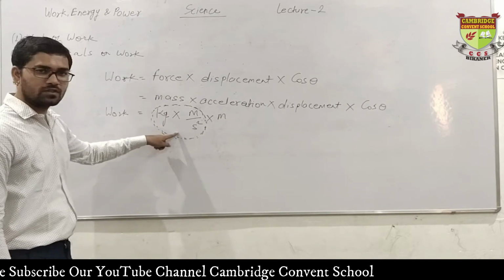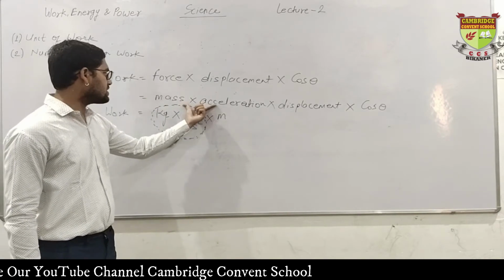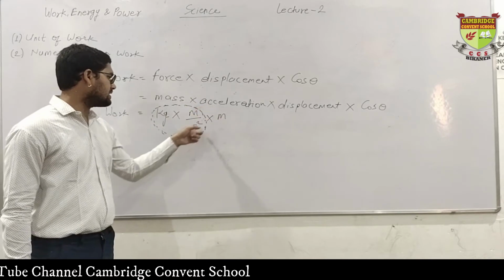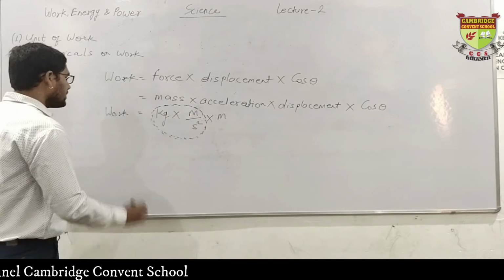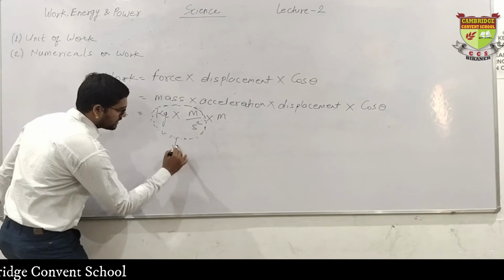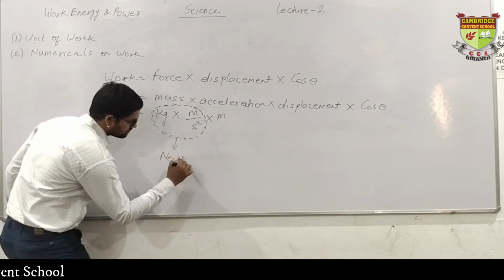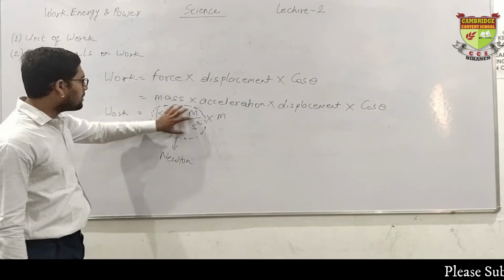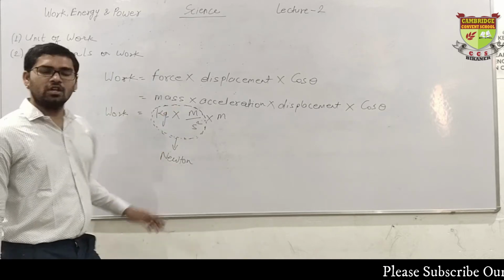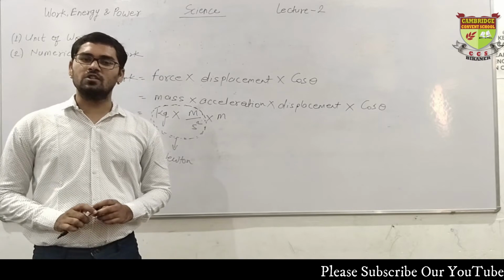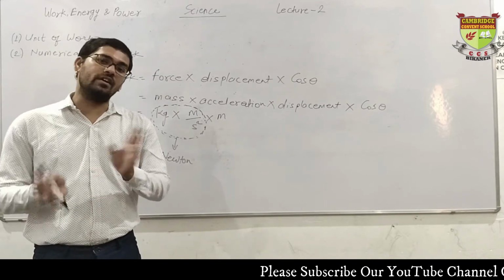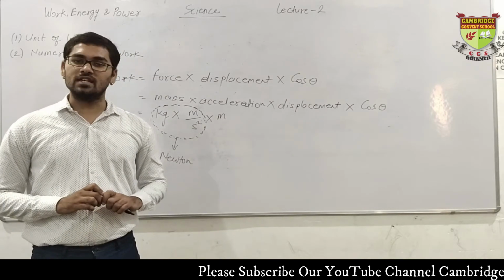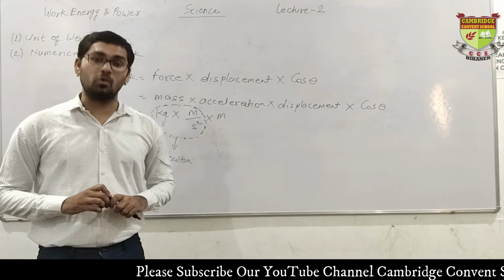It is the unit of force. Force is mass into acceleration. Mass is kg, acceleration is meters per second square. Combined, it is known as Newton. You already studied in class 9 that force is calculated in Newton.